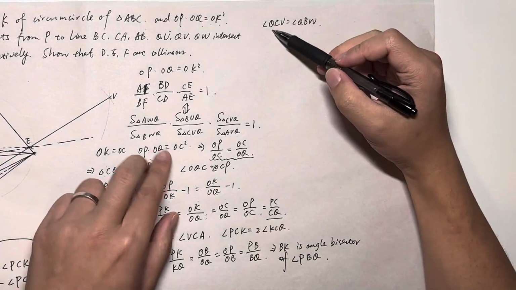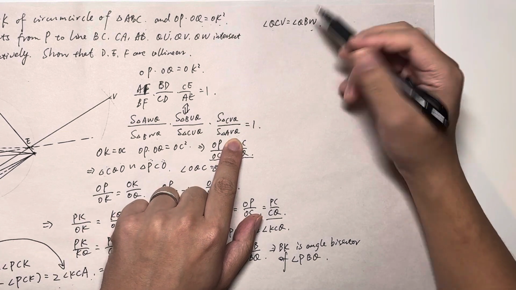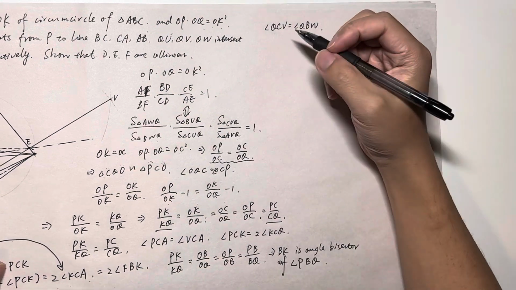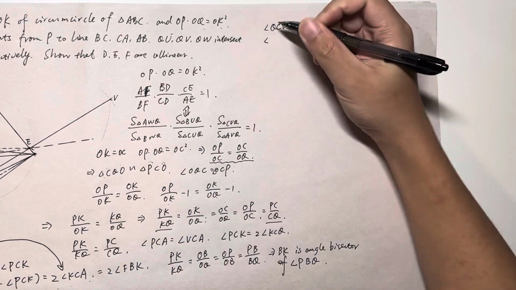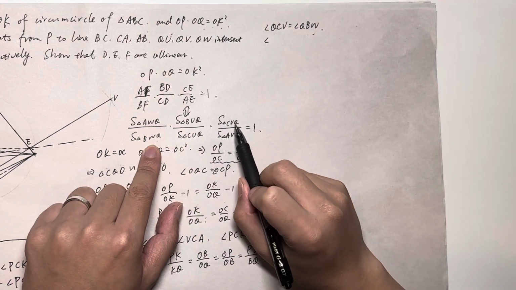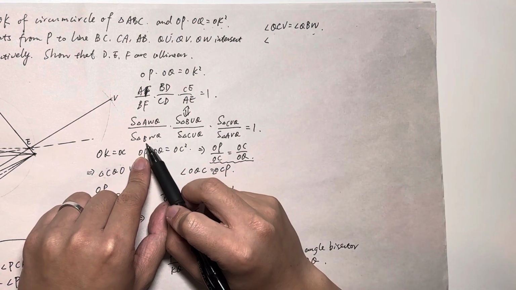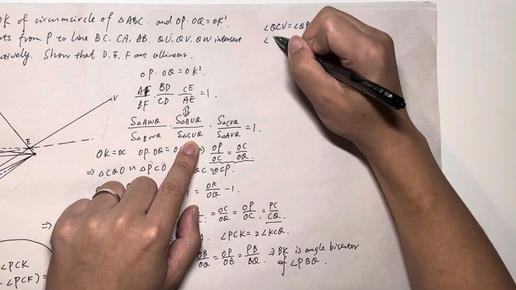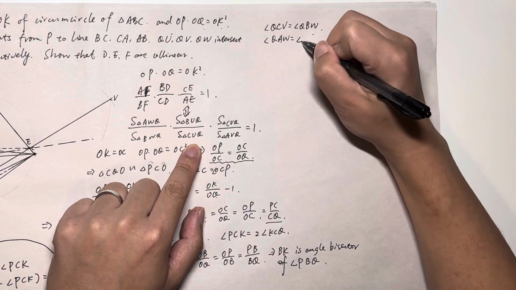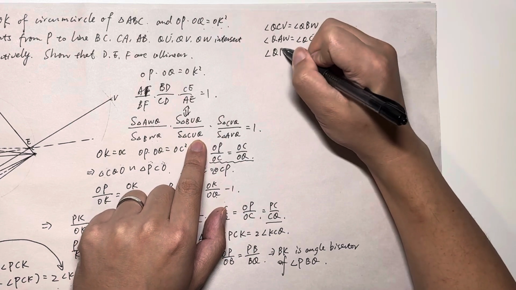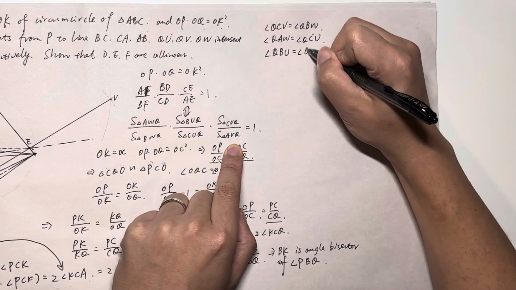Right, we know that angle QCV equals to angle QBW, and because this is a symmetrical thing, we can easily prove that, look at here, QCV equals to QBW, so angle QAW equals to angle QCU and angle QBU equals to angle QAV.